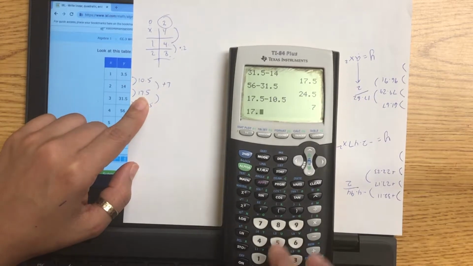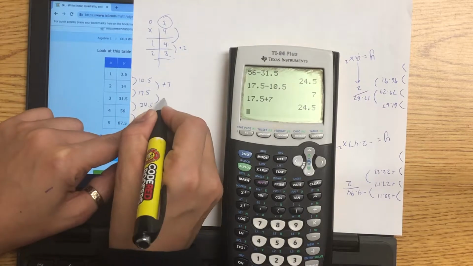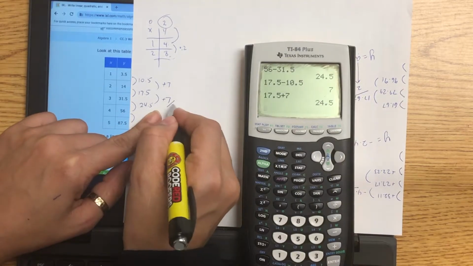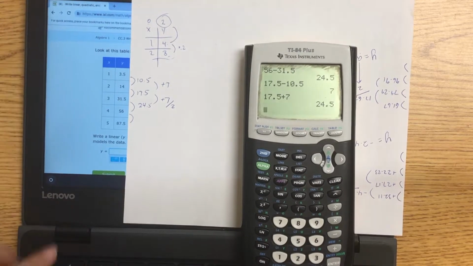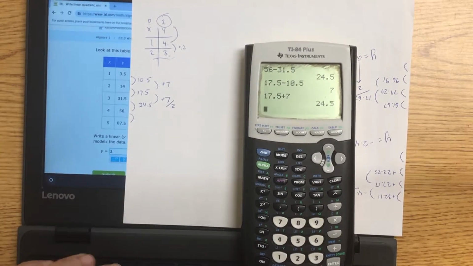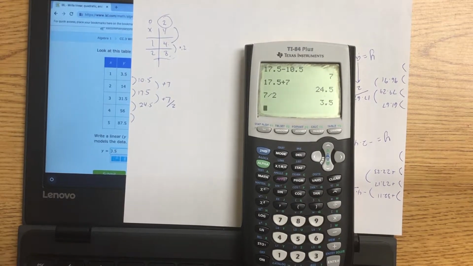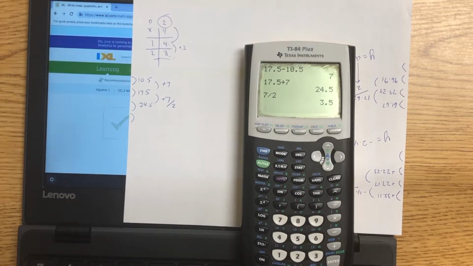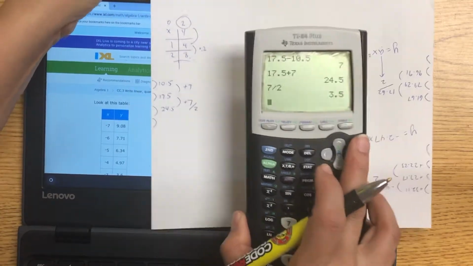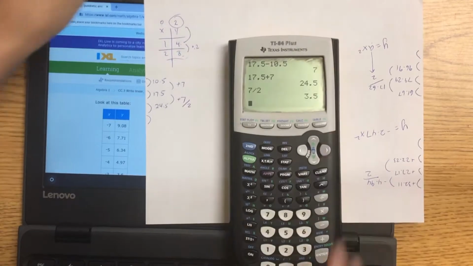So 17.5 plus 7 should give me the next one, yes it does. So the second difference is 7. Divide that by 2 and that gives me A, so y is equal to 3.5x squared, because that's quadratic. You can check it, but I'm stepping out here in faith. All right, I'm getting close.